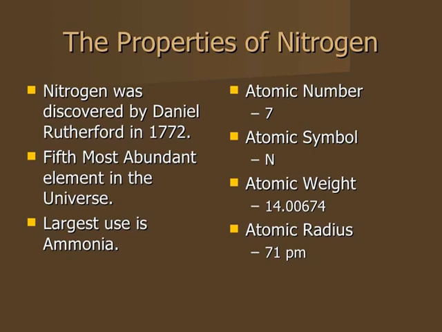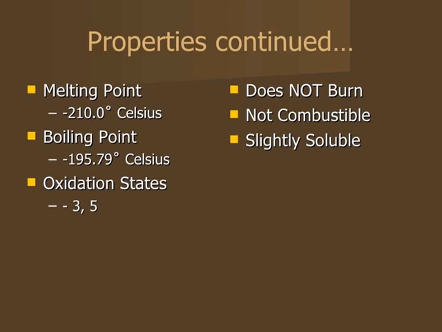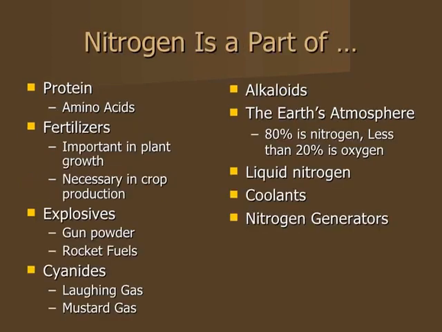Largest use is ammonia, and atomic radius is 71 pm. Its melting point is 210 Celsius. Boiling point is 195.79 Celsius. Oxidation state is -3 to +5. Does not burn, not combustible, slightly soluble.